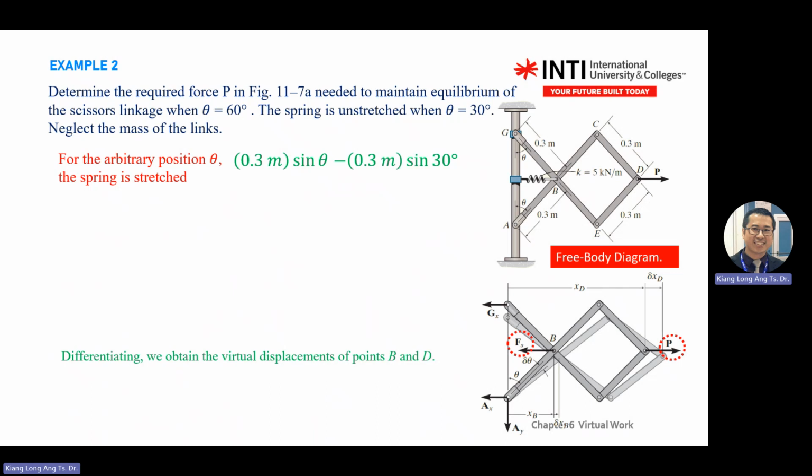Before it stretches, we just put XB. You know that the length is 0.3. So here and here, this side theta equal to XB over 0.3. So XB equal to 0.3 sine theta.